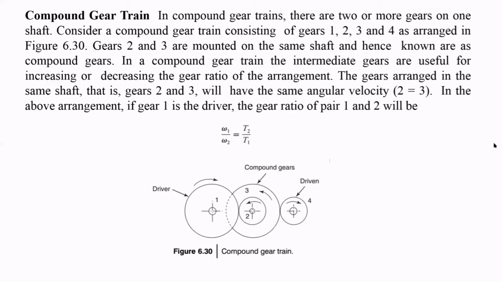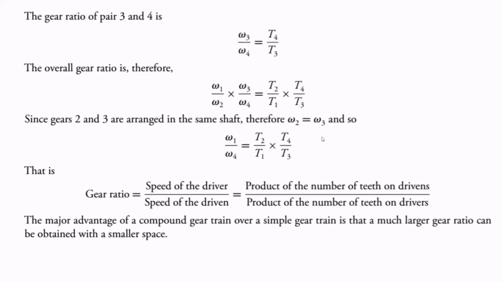Simply, if one shaft carries two or more gears, then that gear train is called a compound gear train. The gear ratio depends on the intermediate gears, gear 2 and gear 3. By changing the teeth on gear 2 and gear 3, we can change the gear ratio of the compound gear train. See this here.